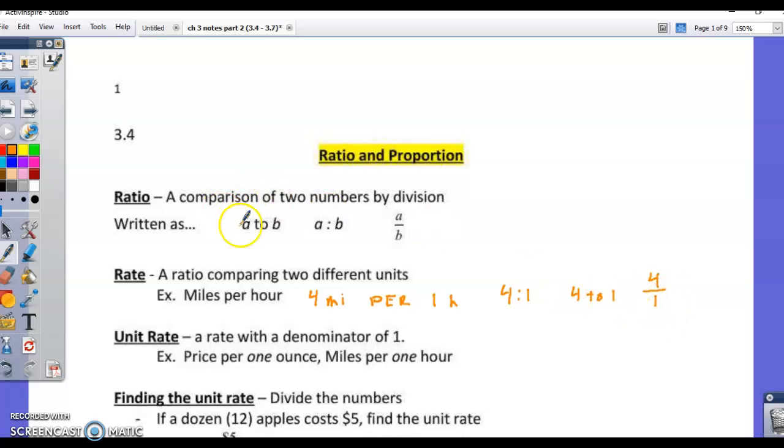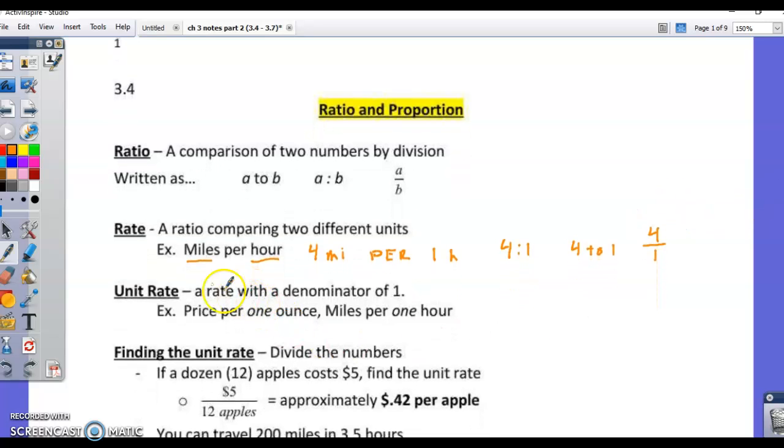So those are how to relate the ratios here to how we would write it. But you can see that this rate right here, miles per hour: miles is a unit of distance, hours is a unit of time, and we're comparing those two different units.